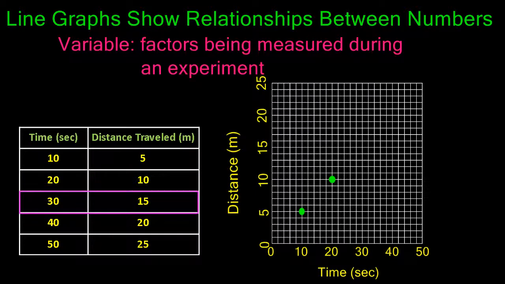The third data set is highlighted in purple. The object traveled 15 meters in 30 seconds. So we're moving 30 seconds over on the x-axis and 15 meters up on the y-axis. And there's our third data point.